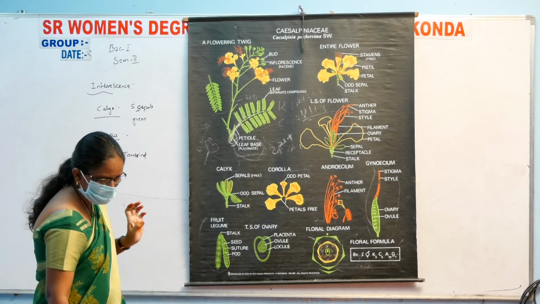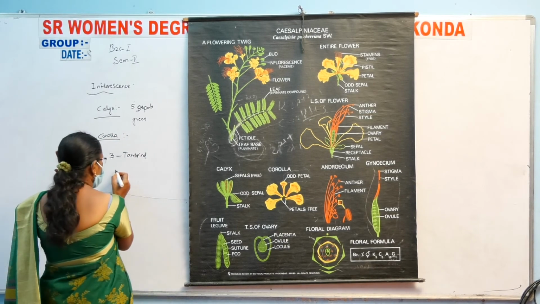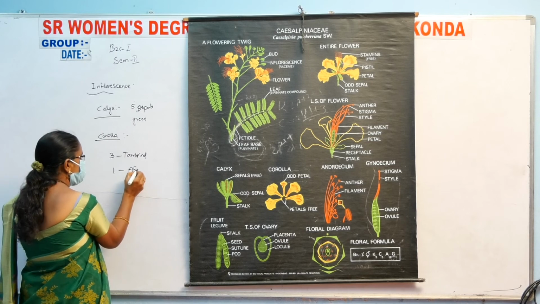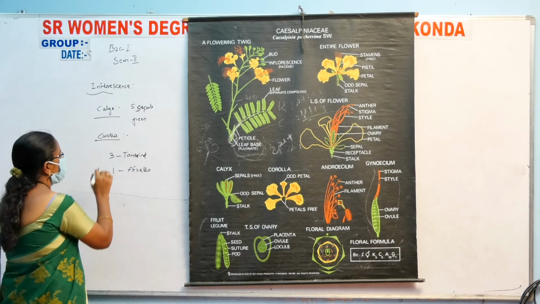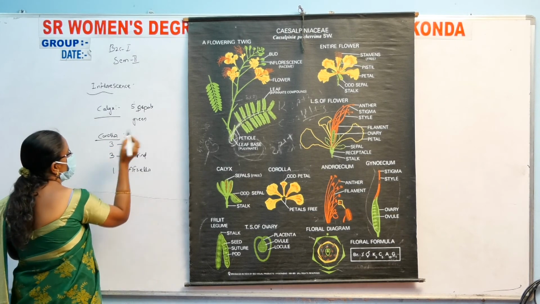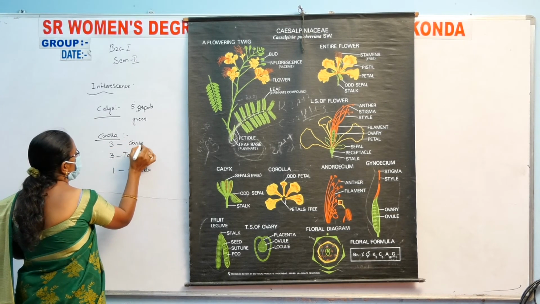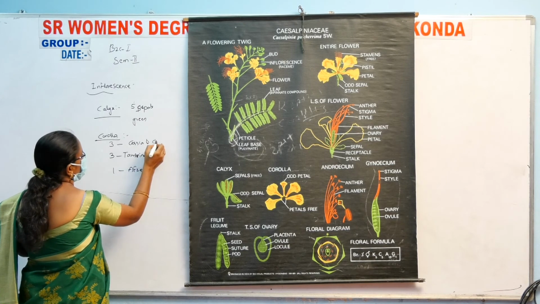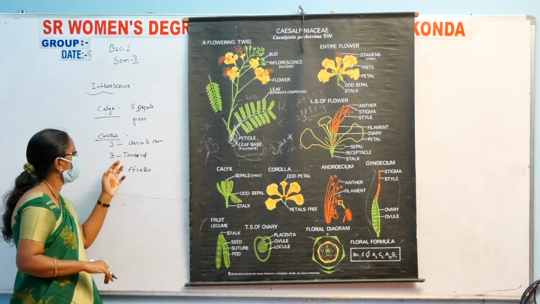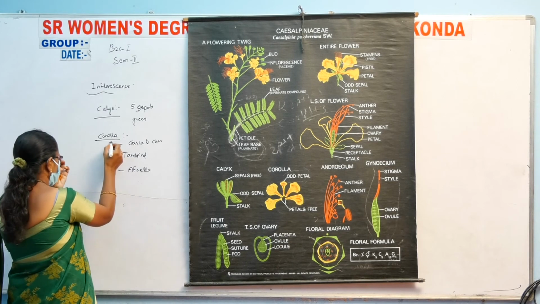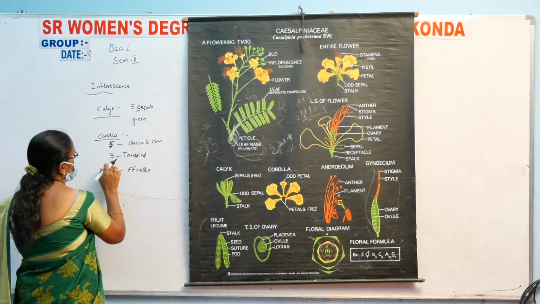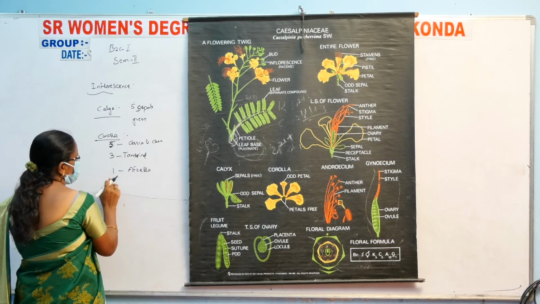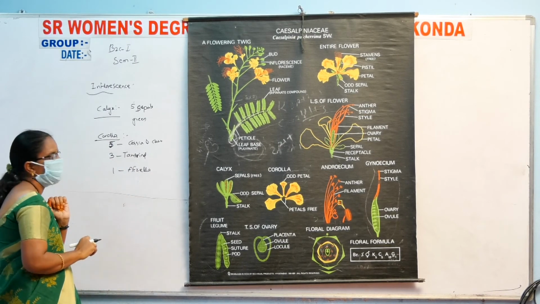In Afzelia plants, only 1 petal is present. And 5 petals are present in Cassia auriculata and Caesalpinia. 3 petals are present in Tamarindus and only 1 petal in Afzelia.